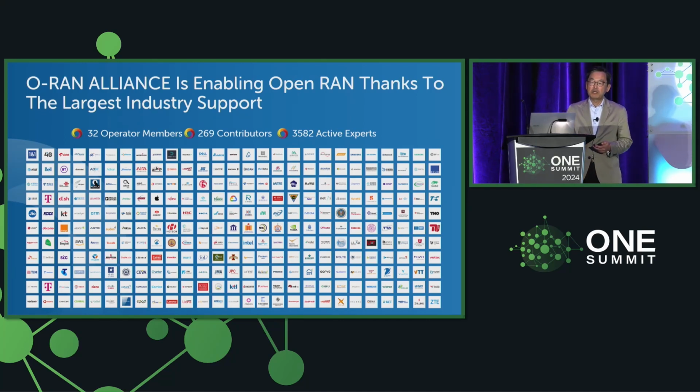So our specification has now become an ETSI standard. And this is a big deal because it means our work is helping to set the global standards on how RAN networks should be built and run.